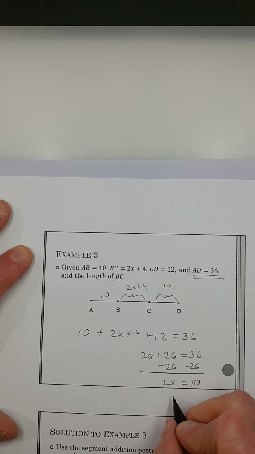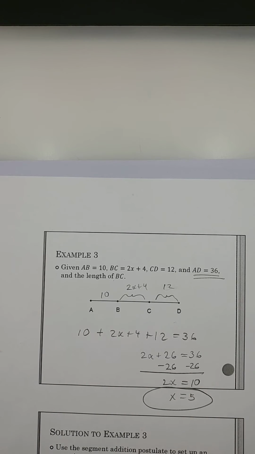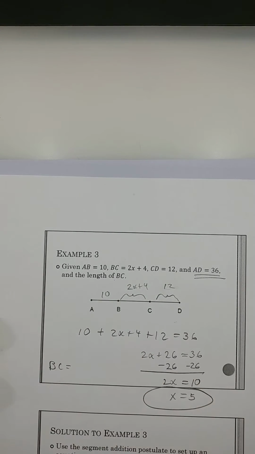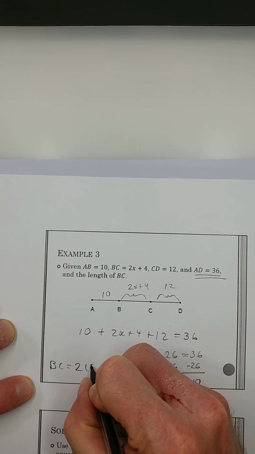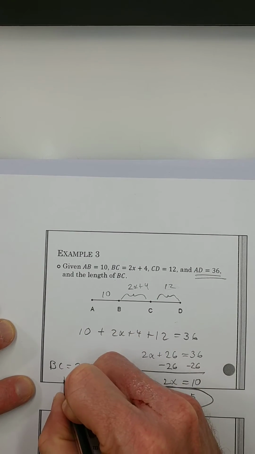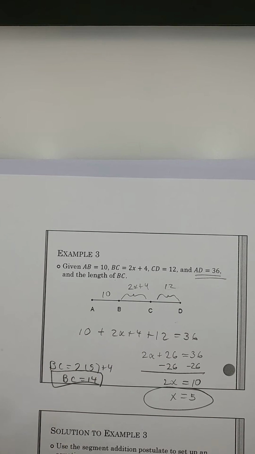And then if we divide by 2, x is 5. And then BC would be, plugging in 5 for x, 2 times 5 plus 4. We'll get that BC is 14. And that works out example 3.